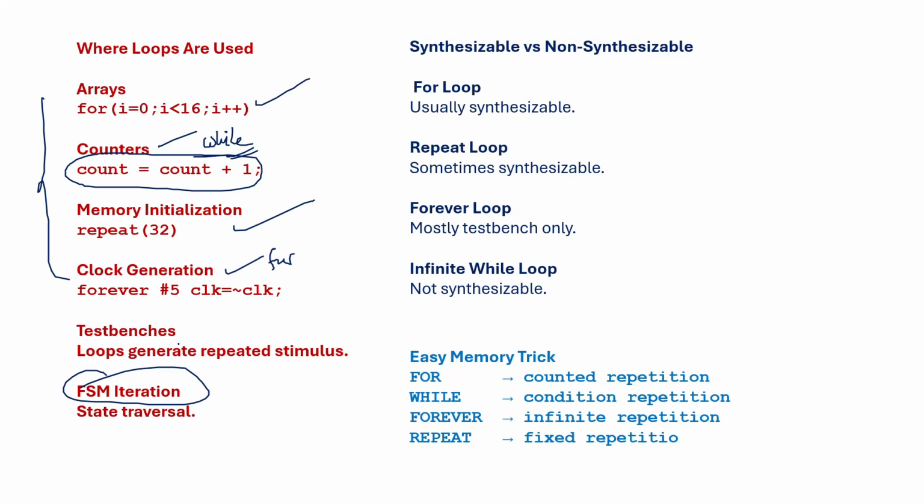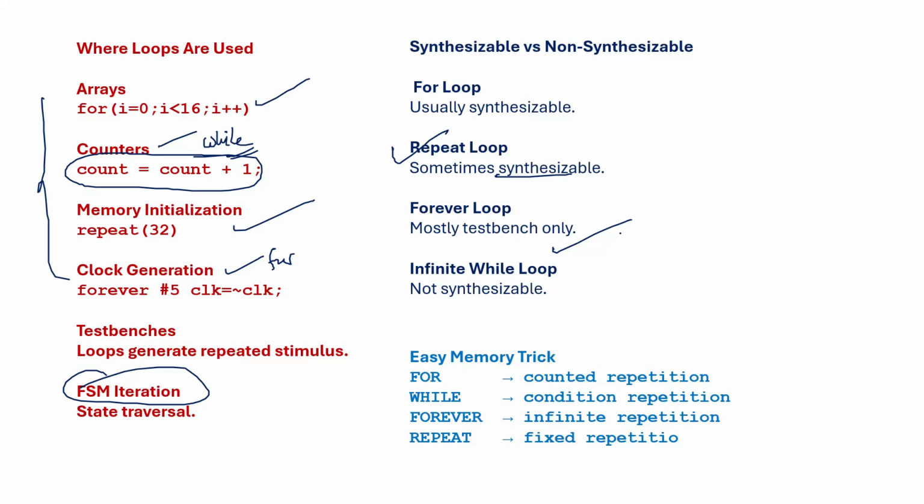Which are synthesizable? For loop is synthesizable, but sometimes we can go for your design side. But as a good design and verification engineer, try not to use loops. And the repeat loop is also synthesizable, but most of the times we use it on the test bench side. Forever loop, most of the times in test bench only.